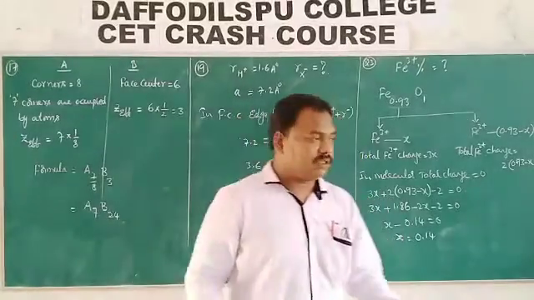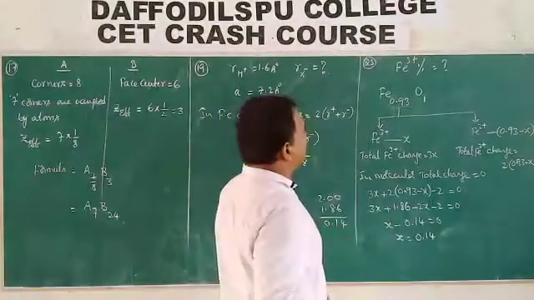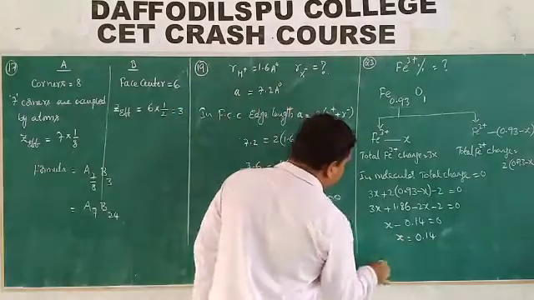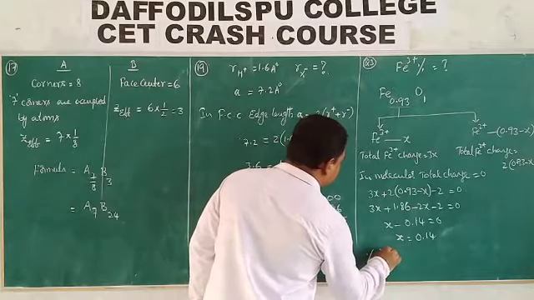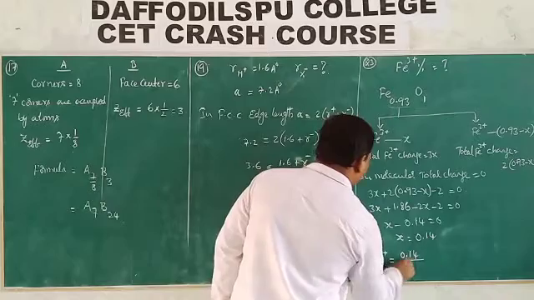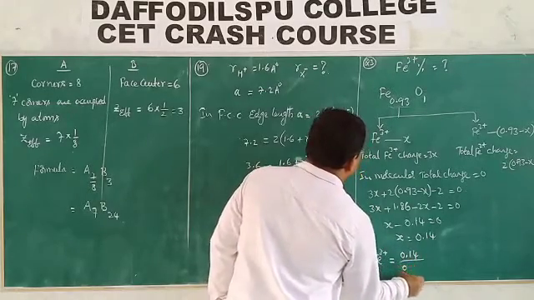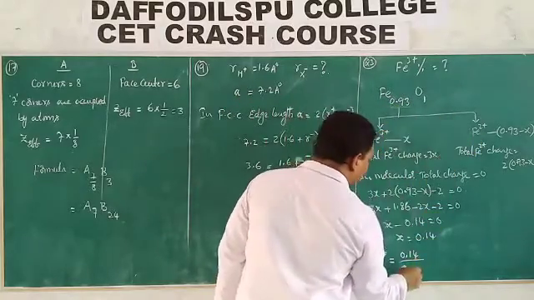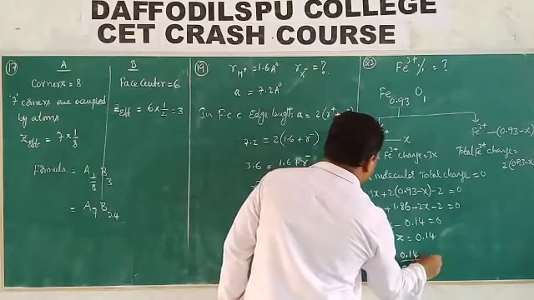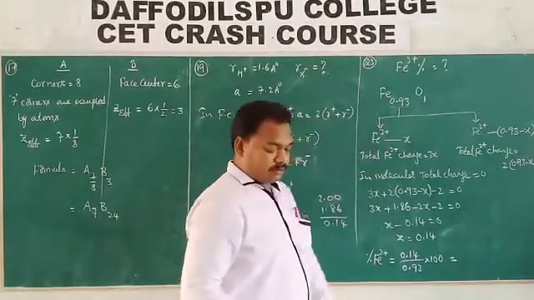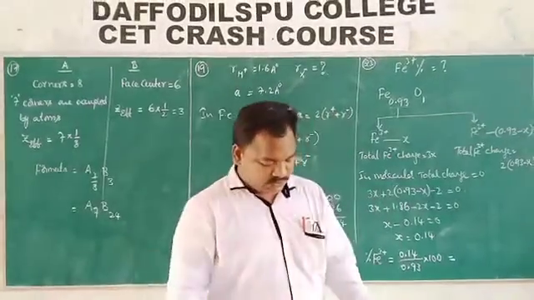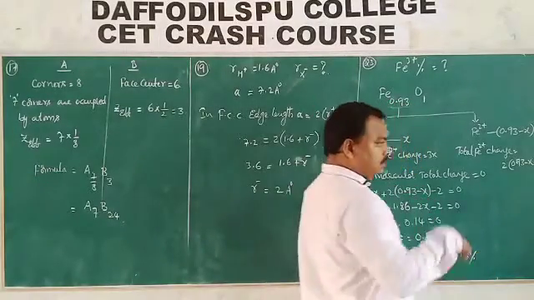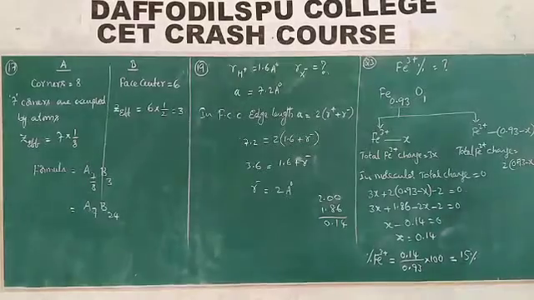But they are asking how much percentage of Fe3+ is there. So the percentage of Fe3+ equals 0.14 divided by the total Fe3+ and Fe2+, which is 0.93, into 100. This comes as nearly 15. So around 15% of ions are in Fe3+ form.